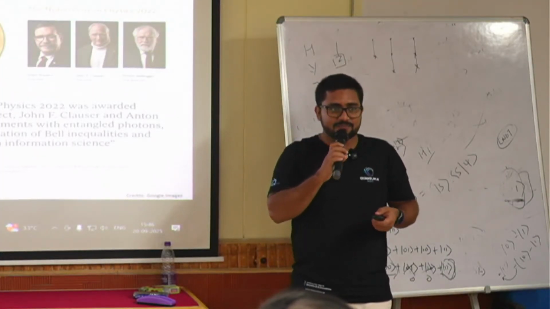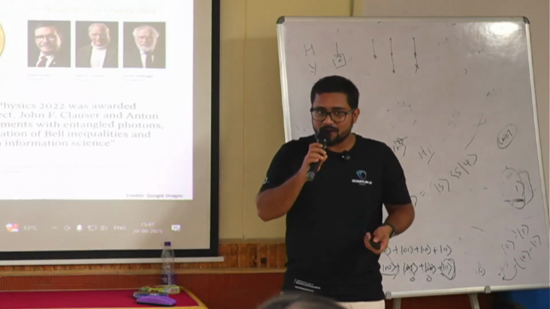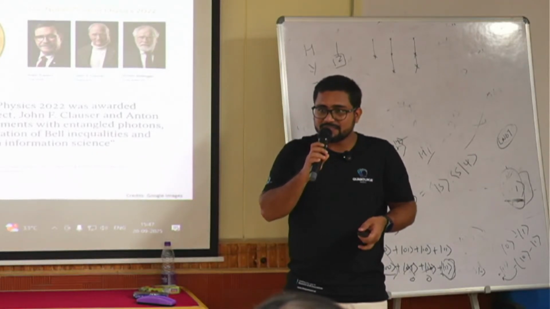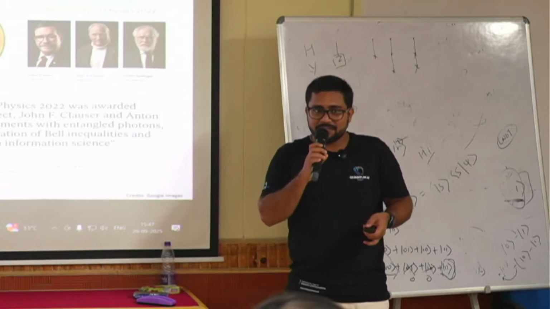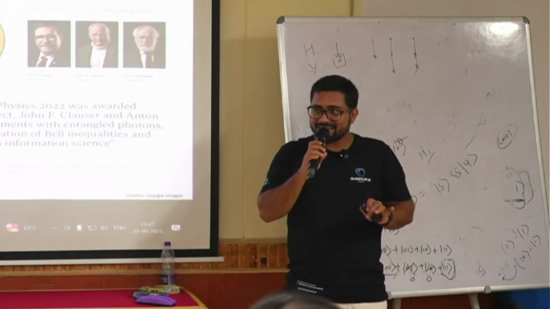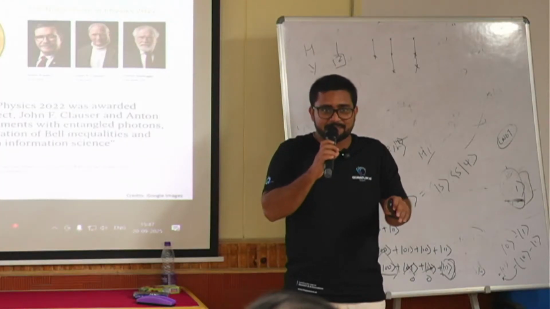That motivates us to understand what quantum is, what quantum entanglement is, and it feels like sci-fi. But when you start doing the mathematics, then you come to know how it is. You cannot understand it completely, but you can do math.